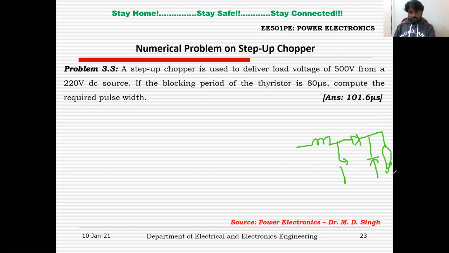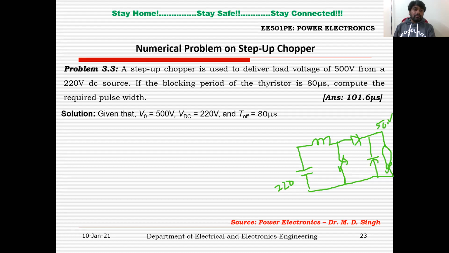Roughly I am drawing here, right? And it is battery. Okay, battery is 220 volts, right? And it is required to deliver a load voltage of 500 volts here, right? So at what on time period can you achieve this much voltage? That is the question, right?